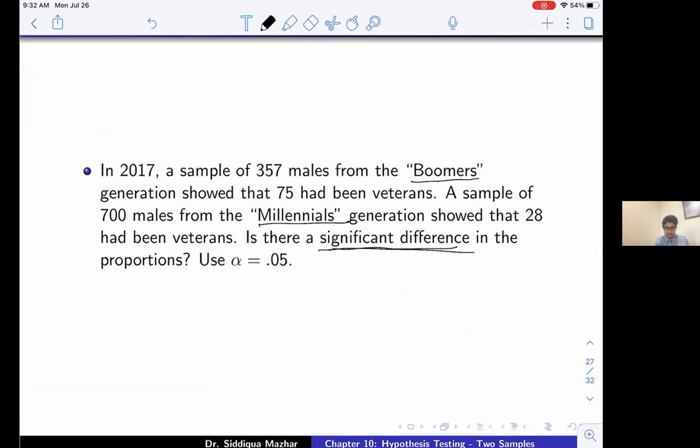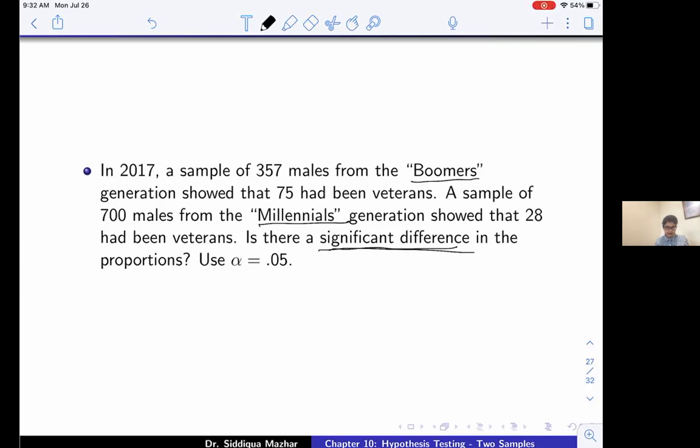Everything in X1 and N1, the values will be for boomers, and X2 and N2 values will be for the millennials group. So X1 is how many people were veterans? 75. And N1, how many males were selected, which is 357.